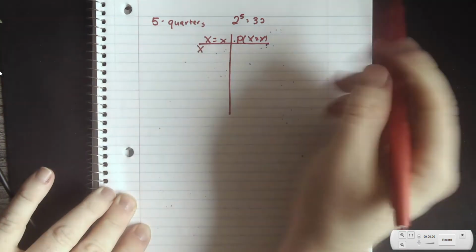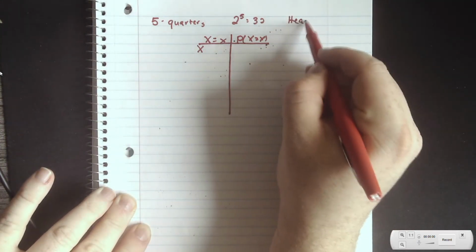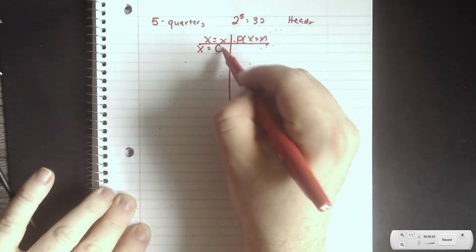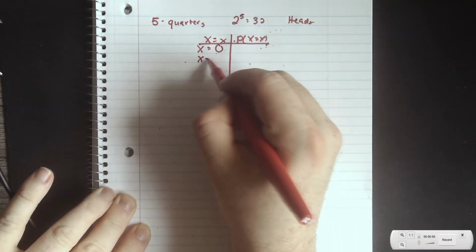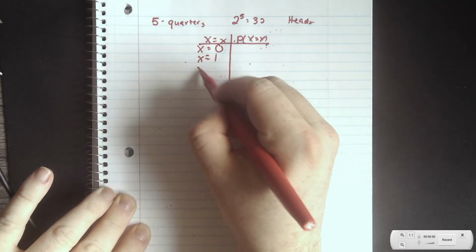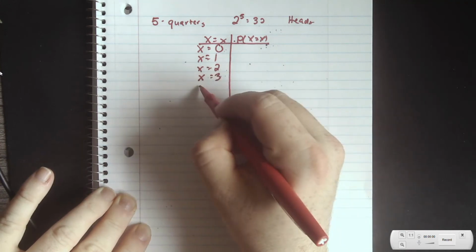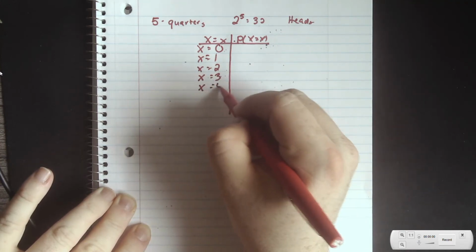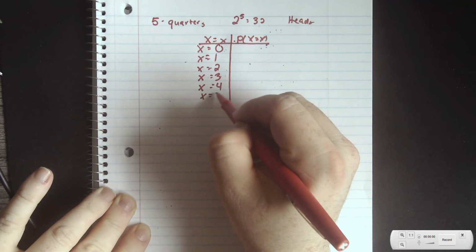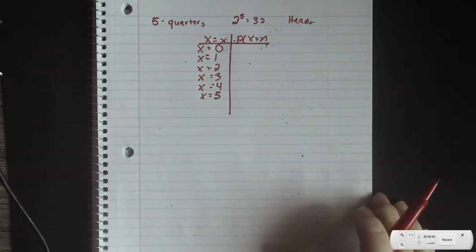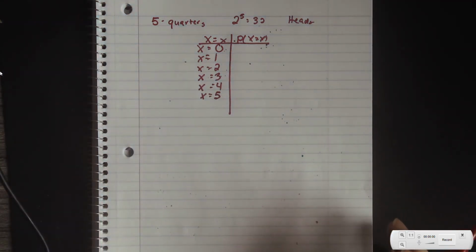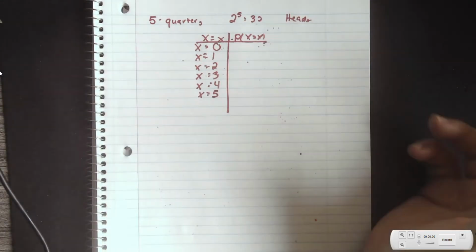Because we're going to base this off of heads, we can have no heads, we can have 1 head, we can have 2 heads, we can have 3 heads, we can have 4 heads, and we can have 5 heads, all 5 heads. You can't have anything else. You can't have -1 heads. You can't have 6 heads, so there's only 5 coins. Okay, and all these probabilities will be out of 32.